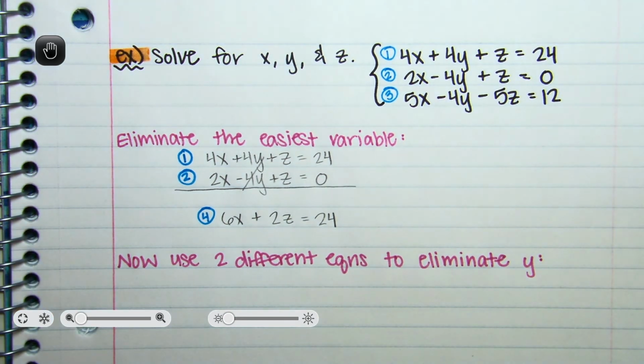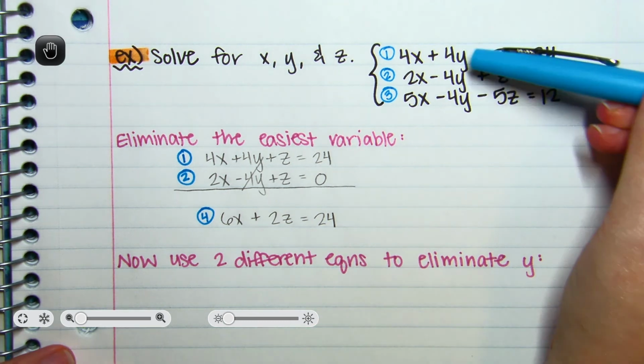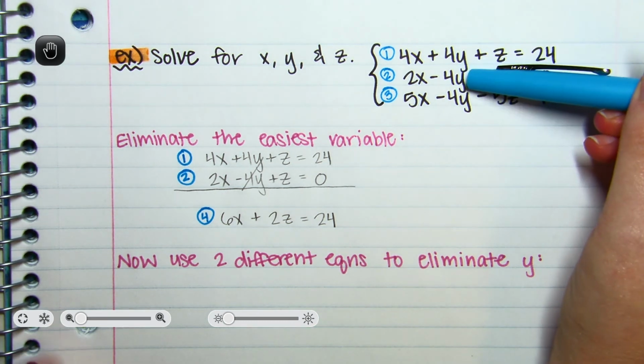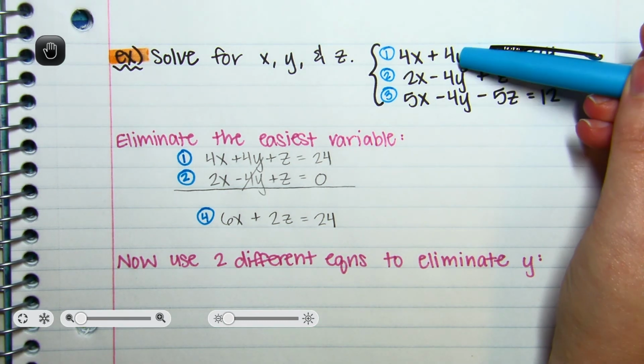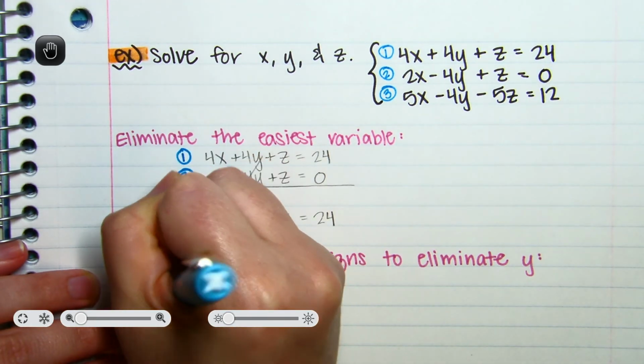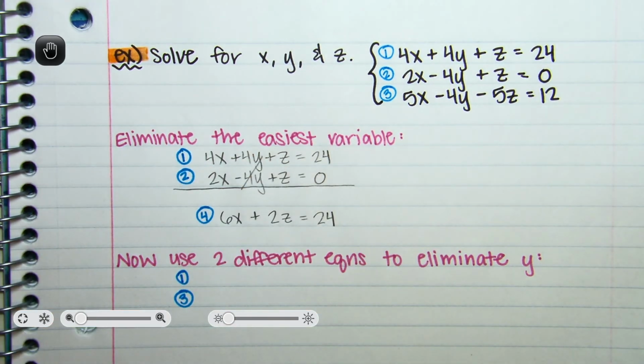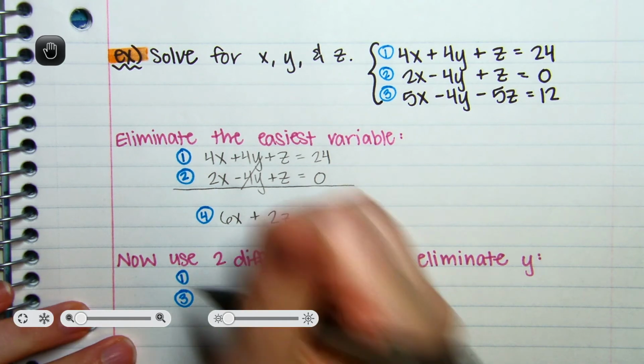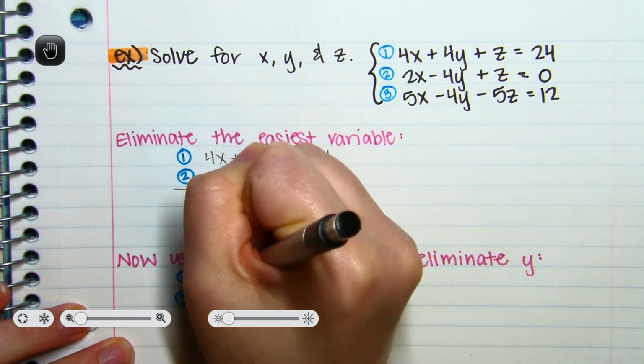So I already used 1 and 2, but I have other opposite coefficients with 1 and 3. So I'm going to use equation 1 and 3. So let's just go ahead and copy down those equations.